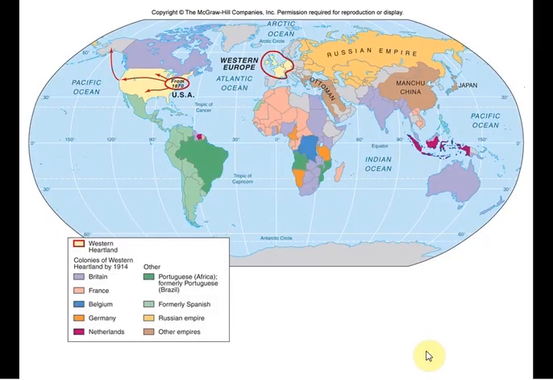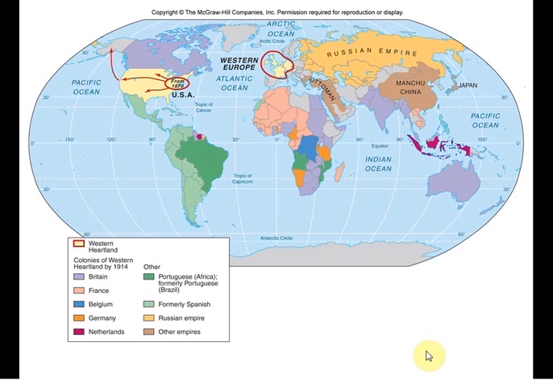This gives you a map. This is a colonial map of the world, dating back to around 1914, which would have been around the start of World War I. And you can see the color coding of this map. You can see where different areas were dominated by the influence of certain European powers or regional powers, the Chinese regional powers, for example.